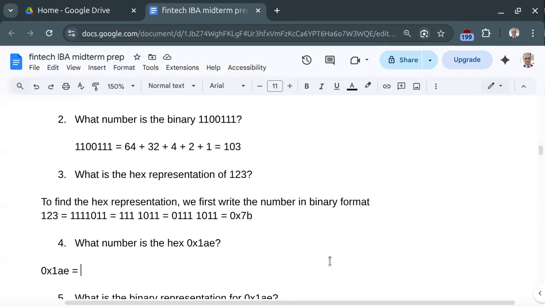Well, remember that hexadecimal means that the number is basically written in powers of 16, right? Like decimal is powers of 10, hexadecimal is in powers of 16. So your first digit there, your 1, will be multiplied by 16 squared.